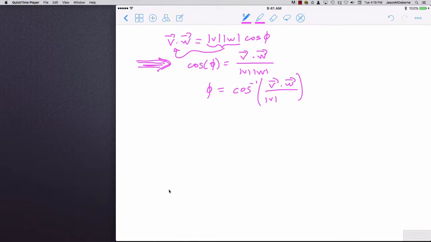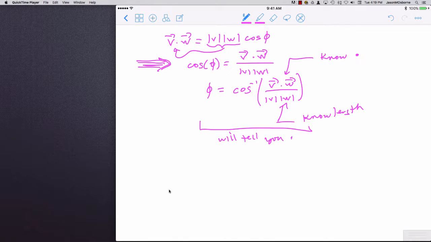This formula will tell you that if you know the dot product, and if you know the lengths of the vectors involved, this formula tells you the angle between the vectors v and w.